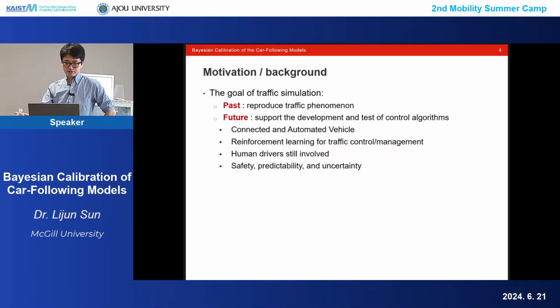And in that context, we have to develop high fidelity simulation models to train the agent, to train the behavior of your algorithm. And that high fidelity simulation model is still the traffic simulator we use in most cases.